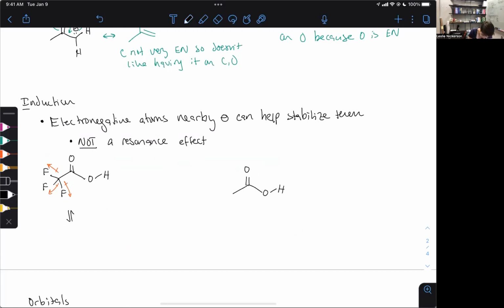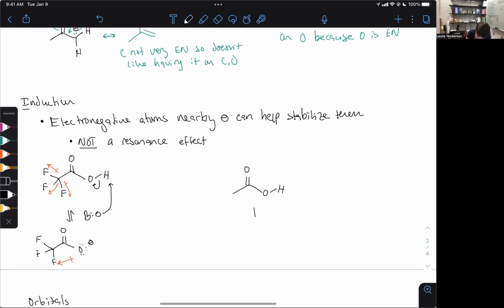So if I go to my conjugate base here, essentially what I have going on is all those fluorines pulling electron density away from that negative charge on the oxygen, getting pulled towards the fluorines.